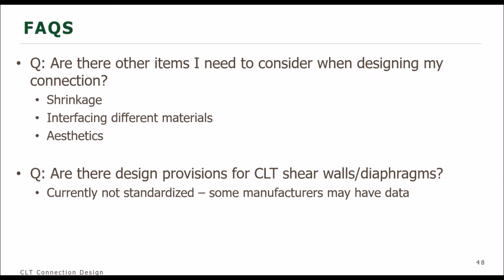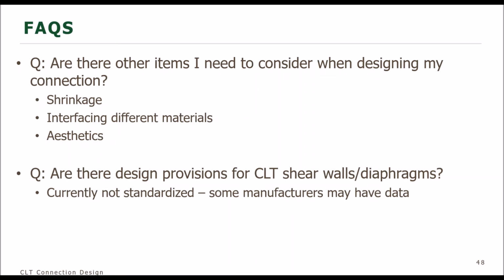You're going to have different coefficients of thermal expansion with wood and steel and concrete. So those are things that depending on the needs of the structure, that could become relevant. And as always, there's aesthetics. As structural engineers, that might not necessarily always be our primary concern, but we have architects for a reason, and they help make our buildings look nice. So we definitely need to accommodate the aesthetics of the structure.